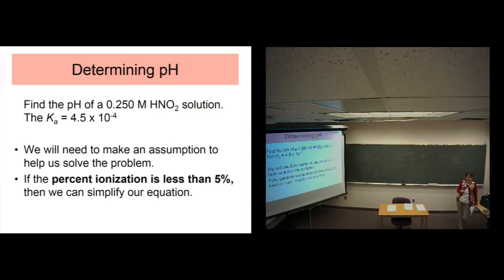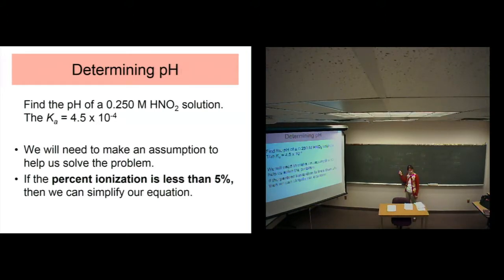Small percent ionization means small X value. So 0.250 minus a very, very small number ends up being 0.250. We're going to assume that the X is negligible only if percent ionization is less than 5%. So we would have to double check our percent ionization.